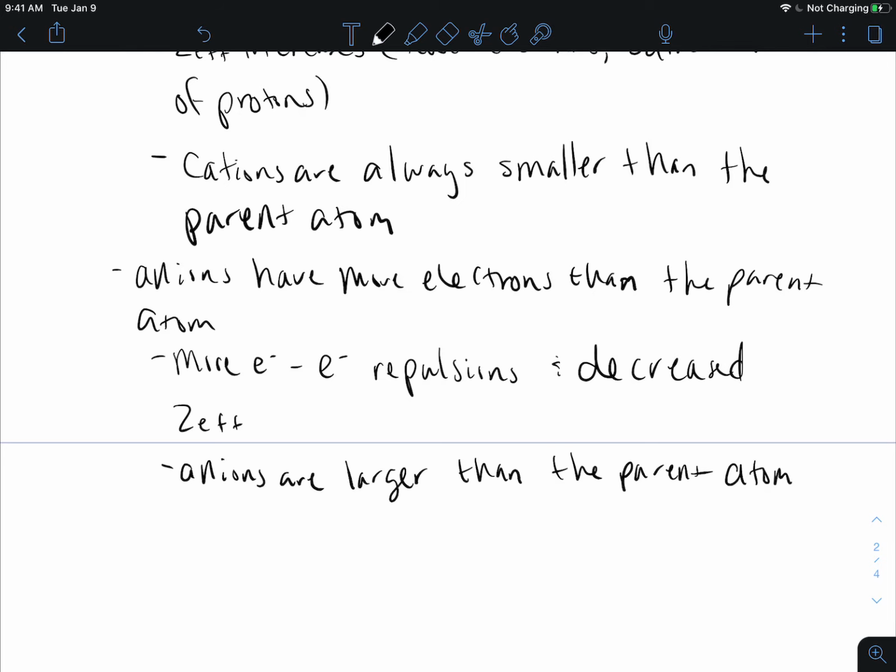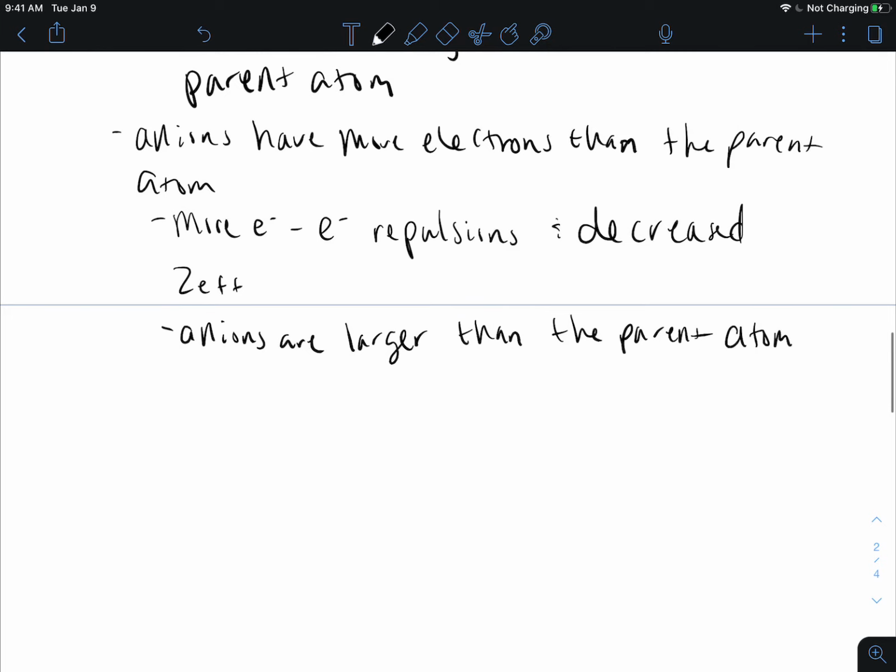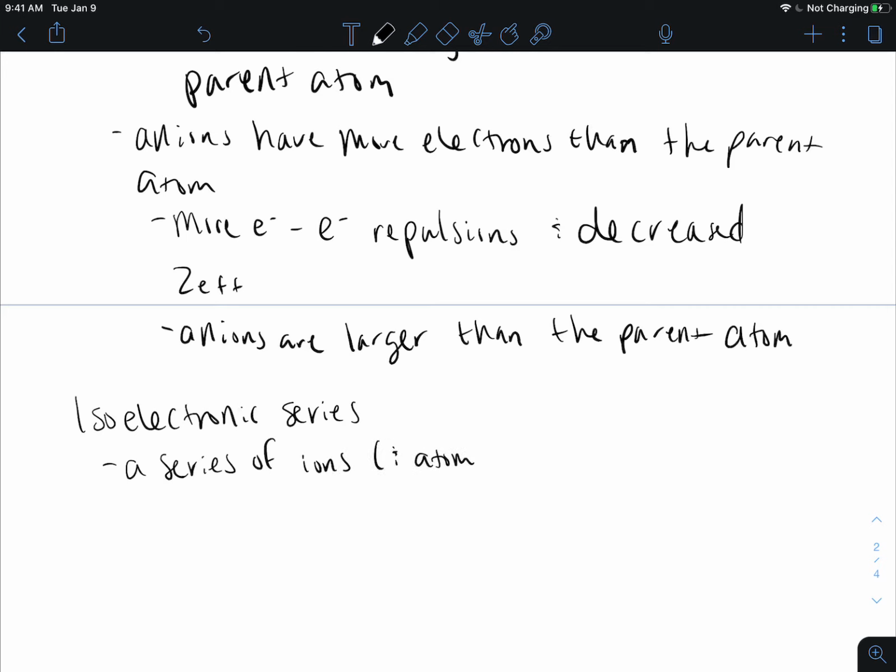Okay. One last thing I want to talk about in this video is the idea of an isoelectronic series. An isoelectronic series is a series of ions which all have the same number of electrons.